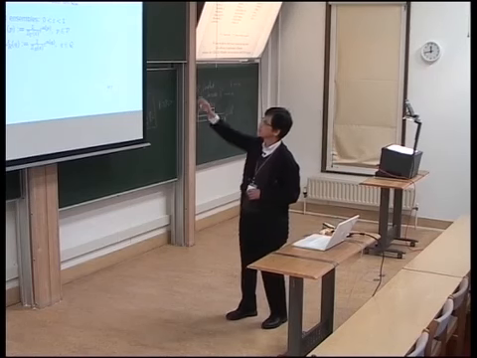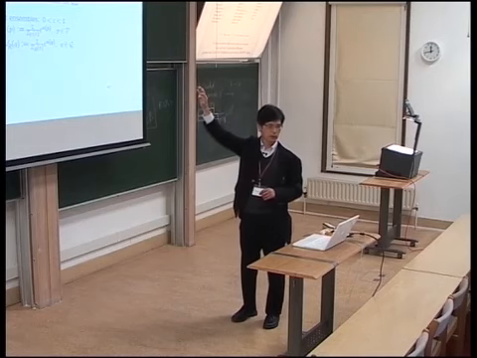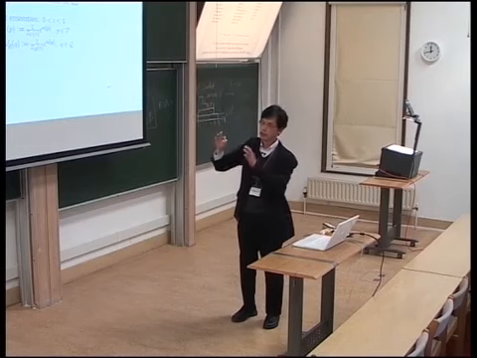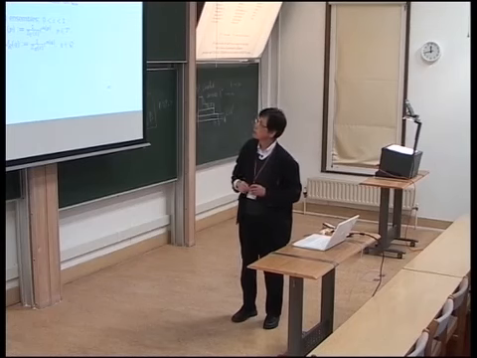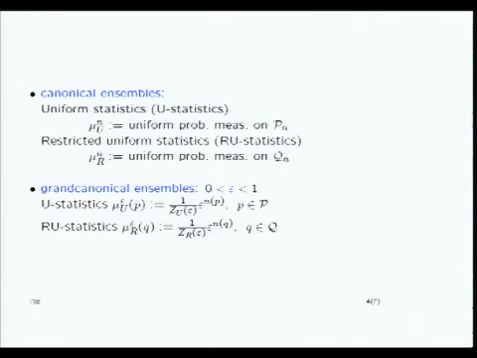From the statistical physics point of view, these are canonical ensembles, called canonical because the area is fixed. But the grand canonical ensemble is the superposition of these measures.